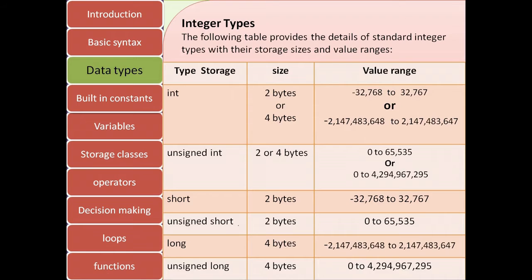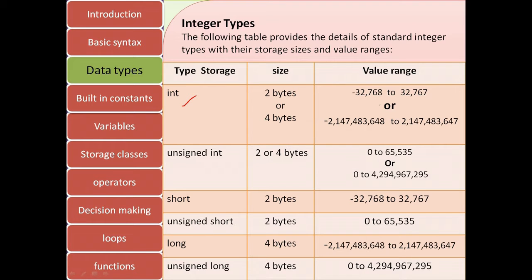Here is a table showing the size and the value ranges of integers. First we have int or signed int. Int is of size 2 bytes or 4 bytes depending on the compiler you are using. If it is 2 bytes, the range is minus 32,768 to 32,767.